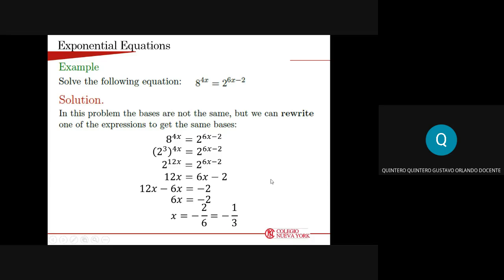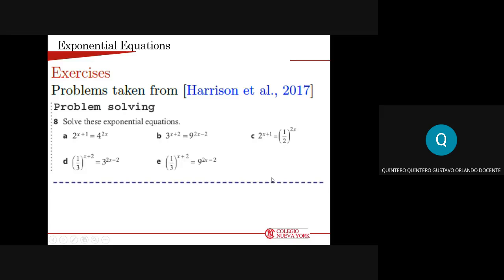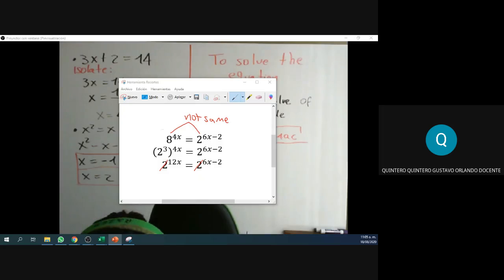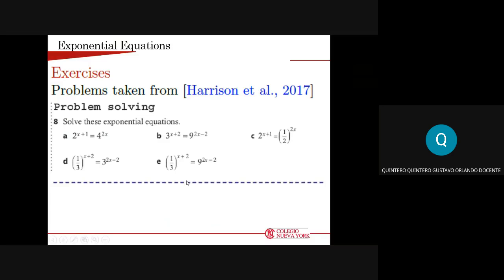All right, let's move into some other example problems. Let's try to solve these ones. Guys, go ahead and work on these, please. Let me know if you have any questions. No, you know what? I think we can do this together. Let's do number 1 and number 3, the C one.